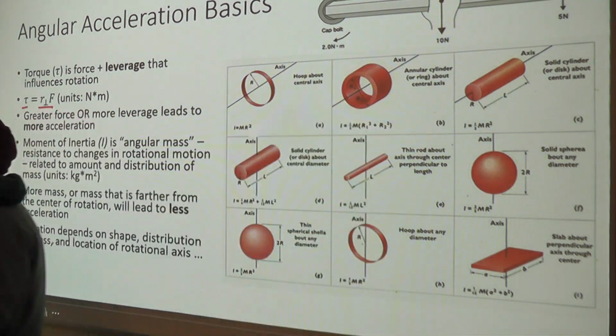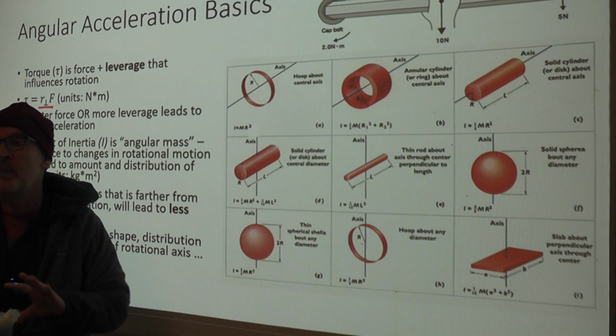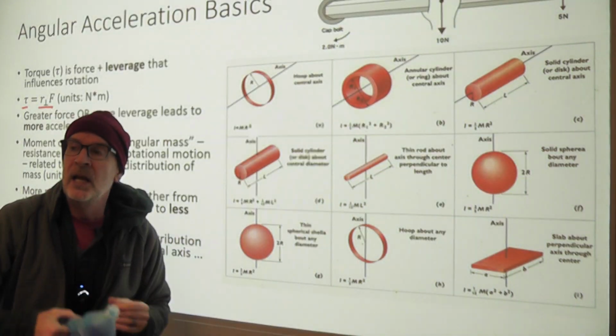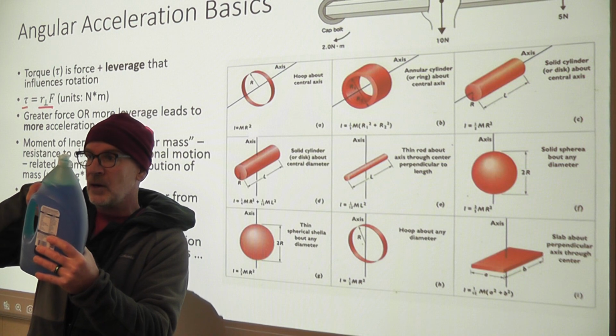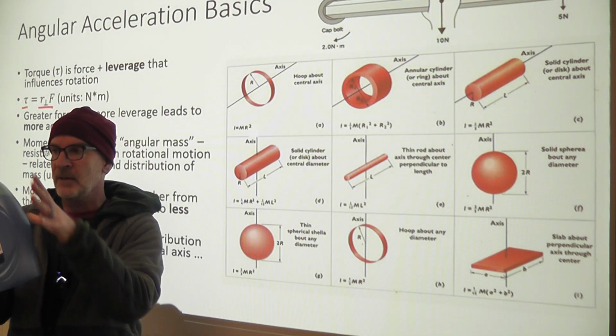Super easy. Most things, though, are not uniform, and they're certainly not uniform about their center of rotation. So if I want to take this bottle of dishwashing soap and spin it around my finger like this, then the center of rotation is right here, and it's not uniform. The mass is not evenly distributed.